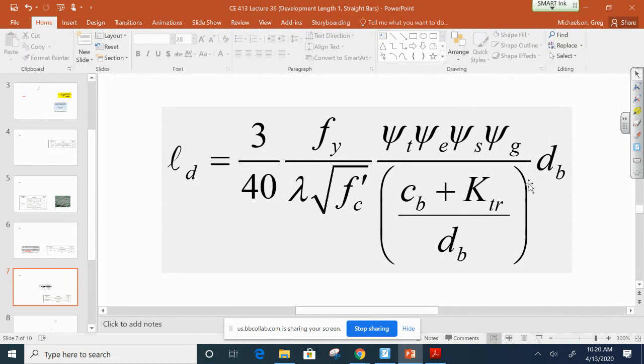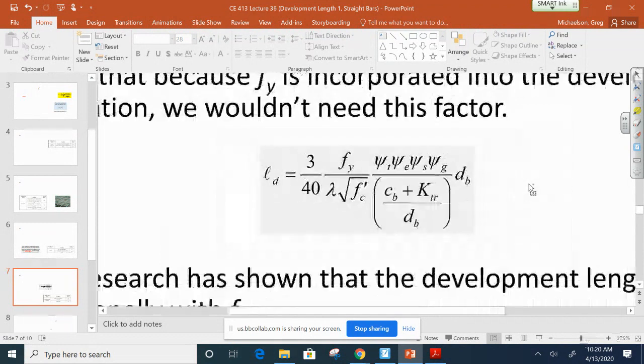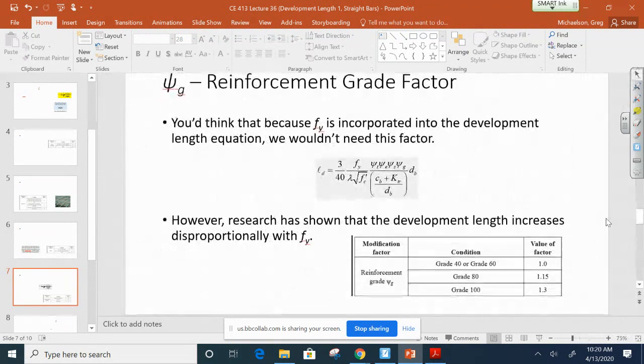If your yield stress doubles, your development length actually increases more than that. It's almost like if your yield stress doubles, your development length triples or something like that. So when we have really high grade rebar, like grade 80 or grade 100, we have to bump up the development length even further to account for that.